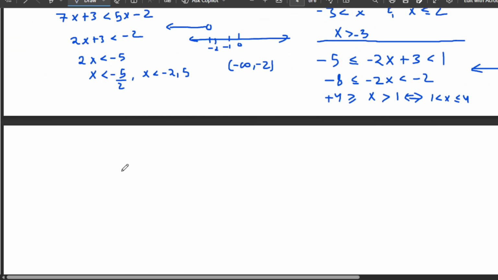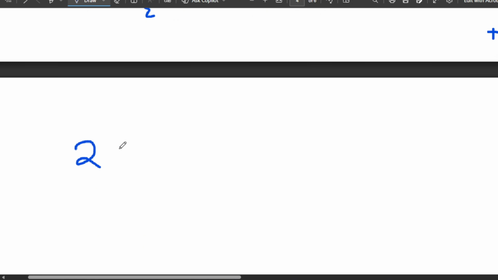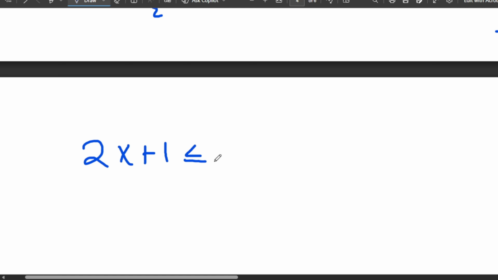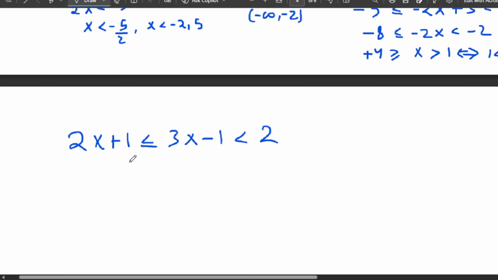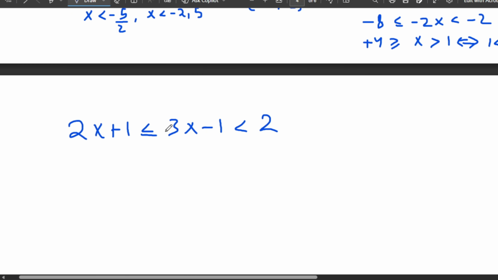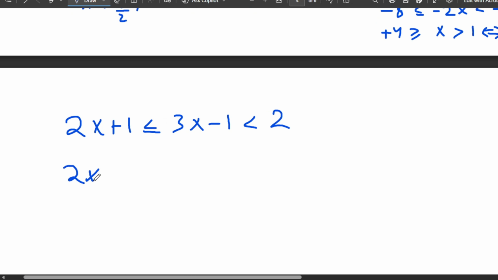How about if we have a compound inequality, 2x plus 1 is less than or equal to 3x minus 1, which is less than, let's say, 2. In this case, we have to split the inequalities into singular ones. So 2x plus 1 is less than or equal to 3x minus 1, and also 3x minus 1 is less than 2.